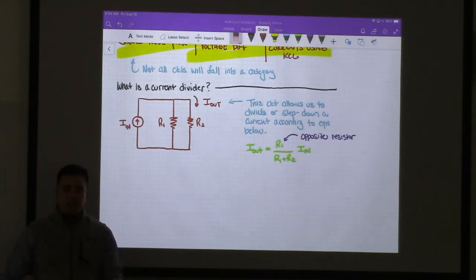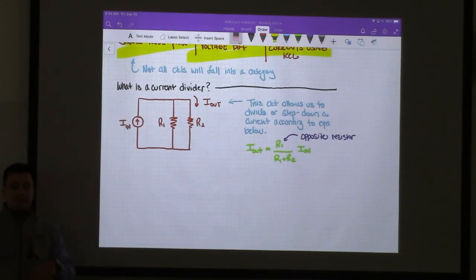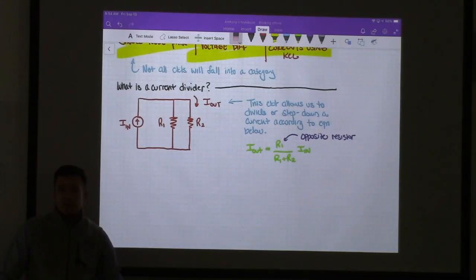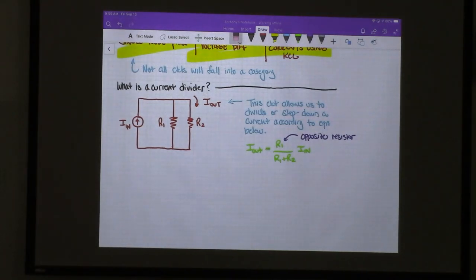Current mirror is one that I think of, and you can build good current sources in certain linear ranges using different combinations of components, but more times than not, voltage sources are what we see. Most signals are going to be transmitted as voltages. Anyway, you get my point. So be aware of this, but it's definitely not going to show up, for example, when we talk about ENG212, as much as the voltage divider.